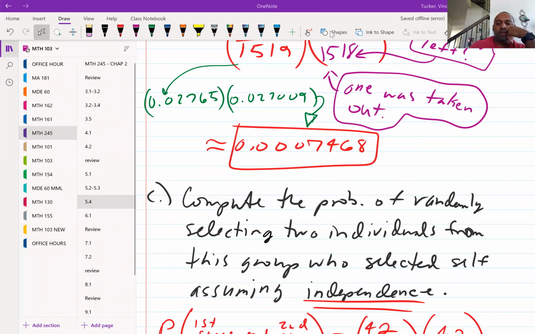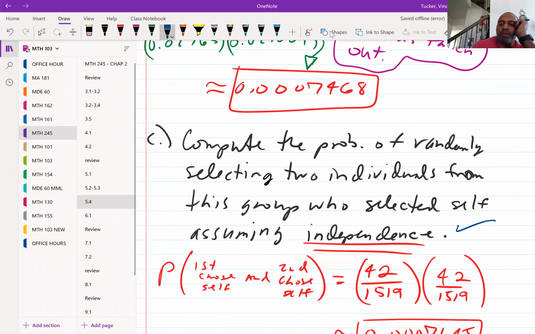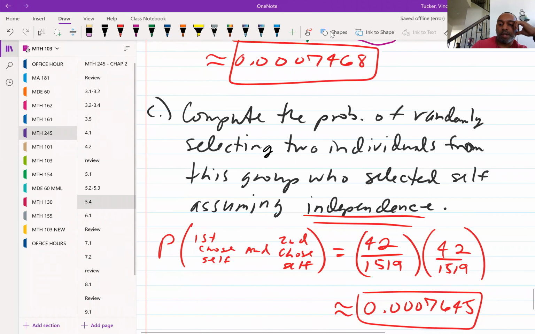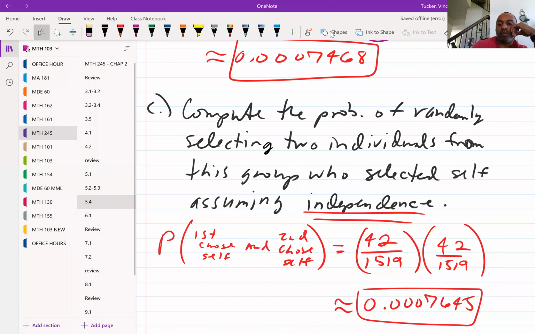All right, so now we're assuming independence. We're assuming that these probabilities are not changed, given that one has occurred. So it doesn't matter whether the first one chose self or the second one chose self, the probabilities will stay the same. So remember, we found initially that the probability of someone choosing self will be 42 out of 1519. And we would just keep those probabilities the same, multiplying together, and this would be our number.